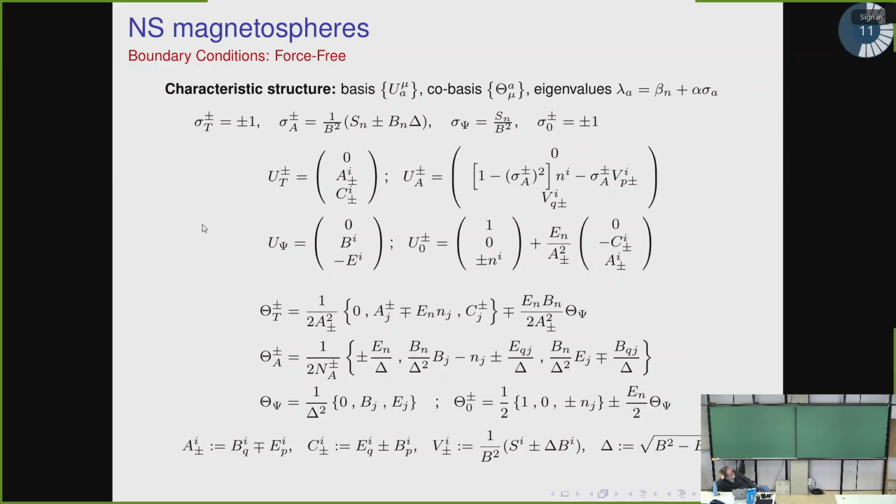Okay, the idea here is not for you to follow all these calculations. These are the characteristic decompositions for force-free electrodynamics. Now there are some modes which are transverse, as the ones in Maxwell, and these two here.